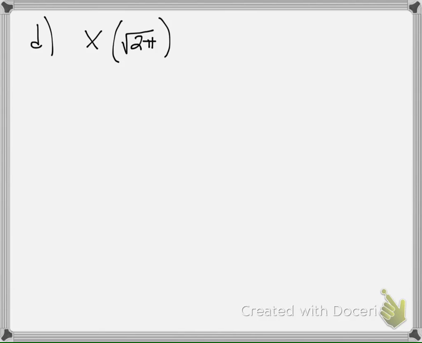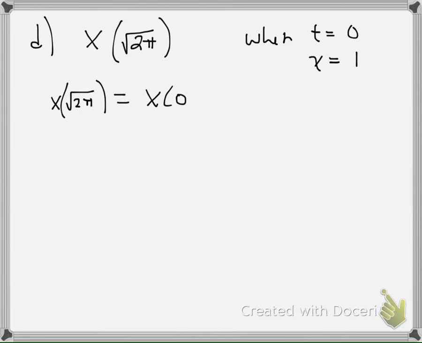Okay, so in the beginning of the question it told me that when time was 0, the particle is at x equals 1. So to evaluate my position at this point, I need to take into account where it was when it started, and then add the displacement that it's moved.